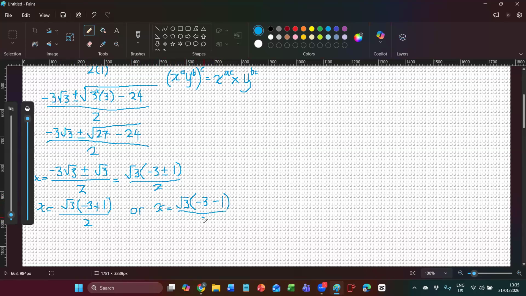Yes, sir. So on the left hand side, I have minus 3 plus 1 is what? Minus 2, correct. So if I write it on the next line, I have minus 2 root 3 over 2. And you can already see what will happen there. The 2 will cancel itself. Or minus 3 minus 1, that's minus 4.